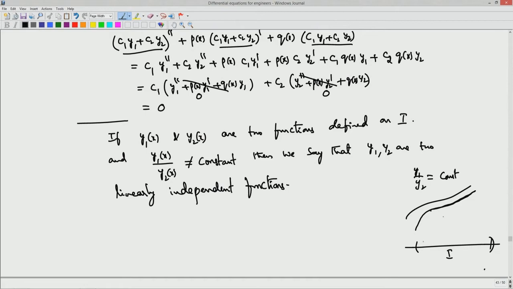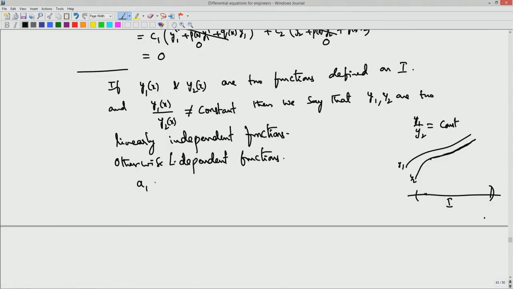At this point this divided by this is different, so every time you pick a value here, you have a different value, so it is not a constant. Otherwise they are linearly dependent functions.